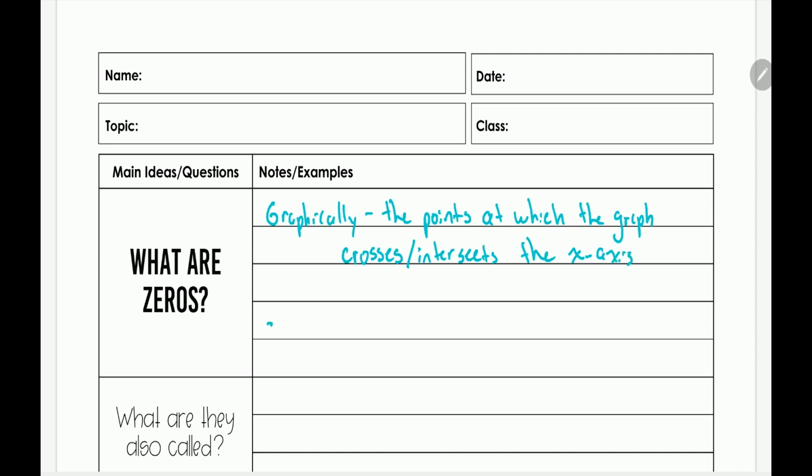And algebraically, it's the points at which f of x is equal to 0.